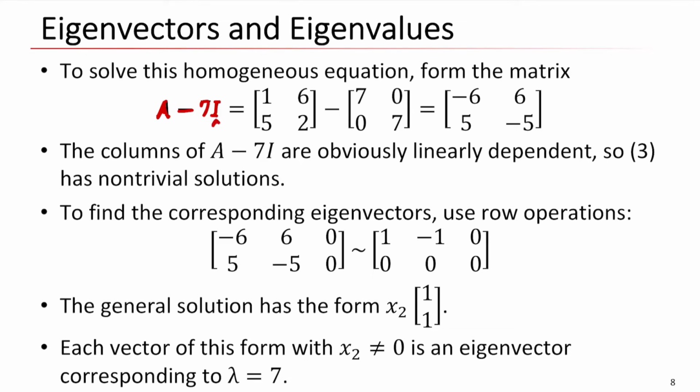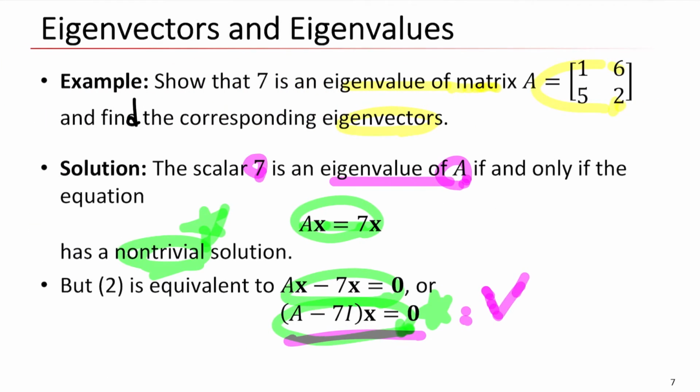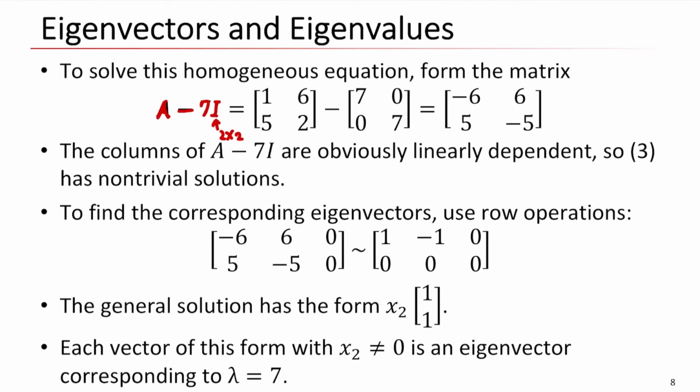In this case, the identity matrix will be 2 by 2, because the size of the matrix A is 2 by 2. What was the matrix A? 1, 6, 5, 2, and 7 times the identity will be 7, 0, 0, 7. Okay, so finally it will be something like this.